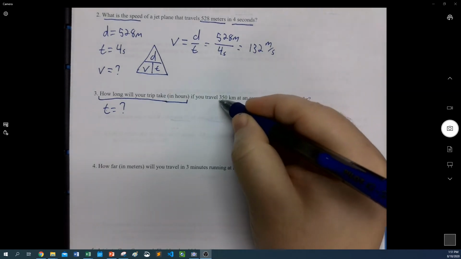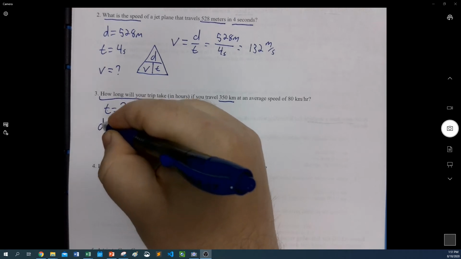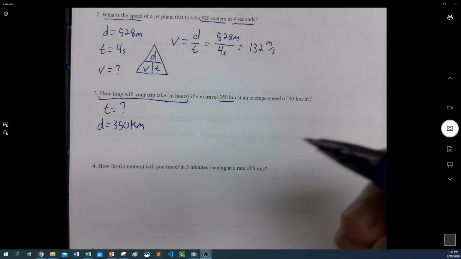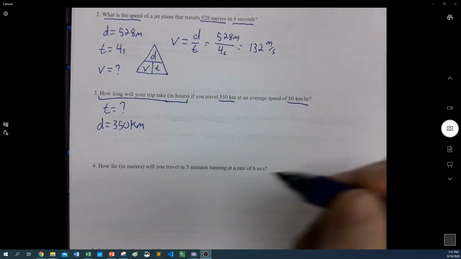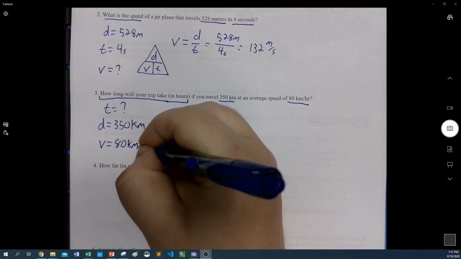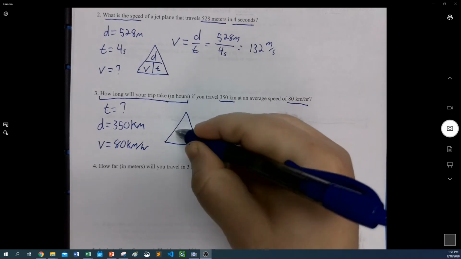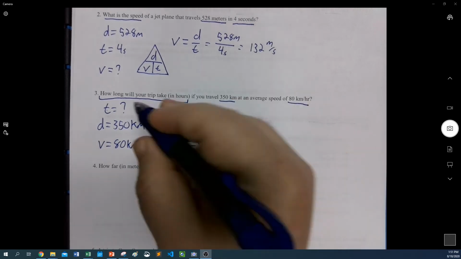If you travel 350 kilometers, so that's your distance, with an average speed of 80 kilometers per hour. So your speed is 80 kilometers per hour. Using our triangle to help us figure out the equation, we are looking for time.